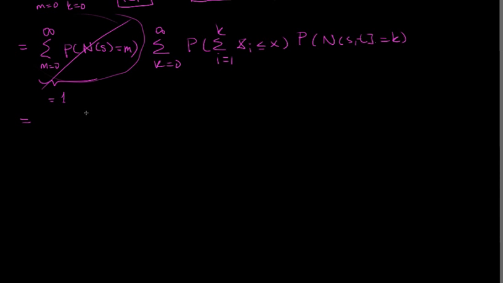And what we have left is, well, what do we have left? We have, what we have left is this. So the sum from 0 to infinity of the probability that the first k claims together are below x, and we have this here.